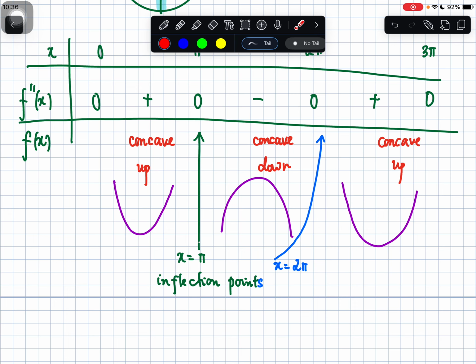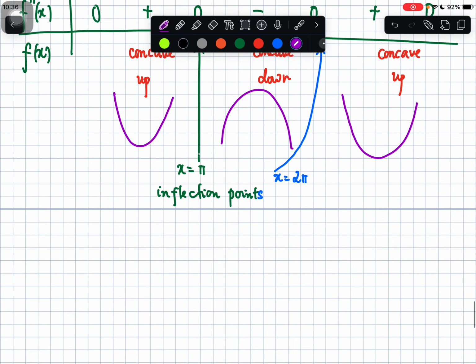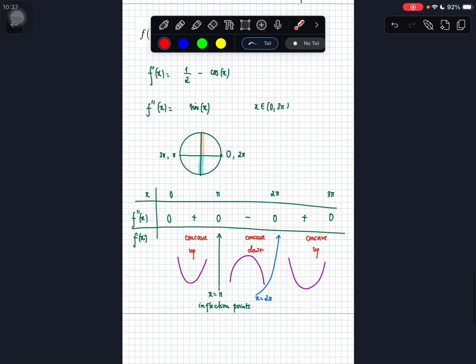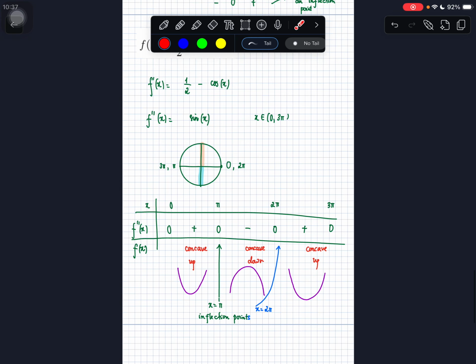And here you should have an inflection point. So you can imagine that we should expect something like that: concave up, inflection point, and then concave down, then an inflection point, then concave up again. Something like that. You can check with decimals, for example, to see the exact graph, but here's how the concavity changes.